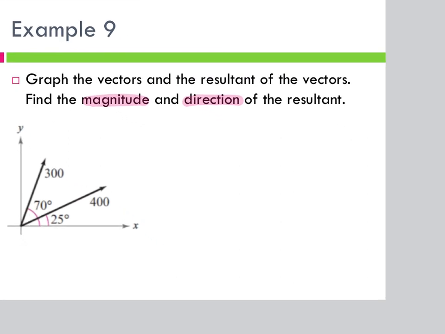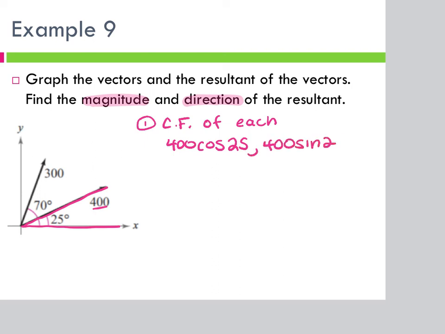So step 1 is find the component form of each of them. I have two different things happening here. One is a 25-degree angle with a magnitude of 400. So that component form is going to be 400 cosine 25, comma, 400 sine 25.